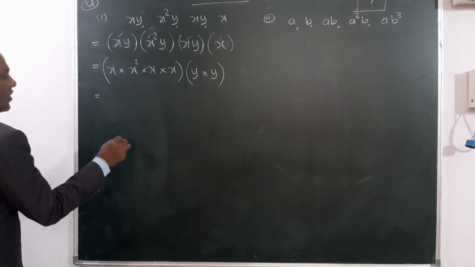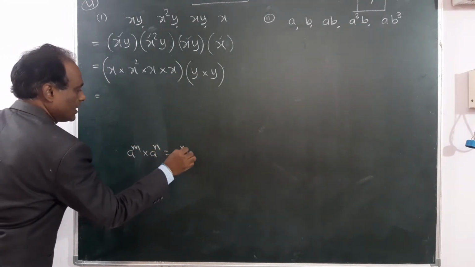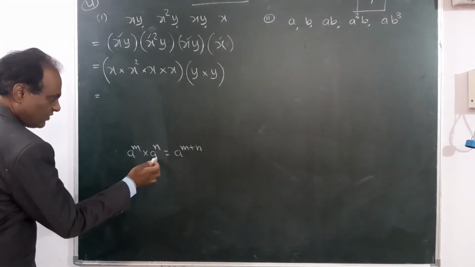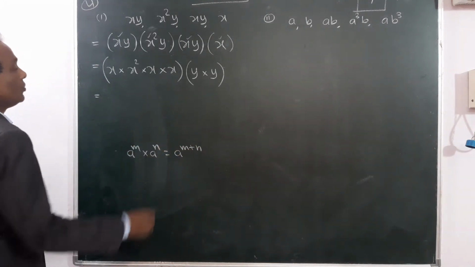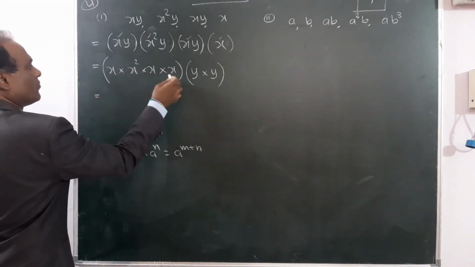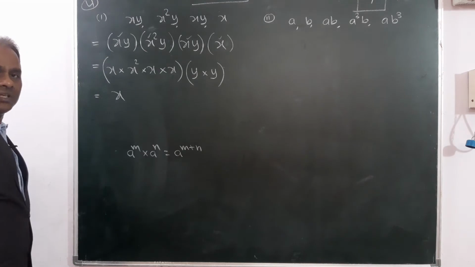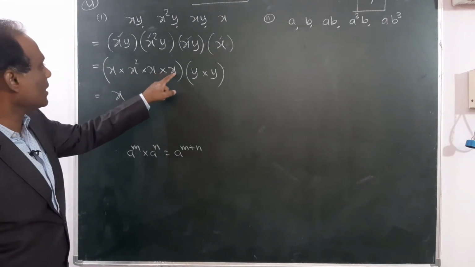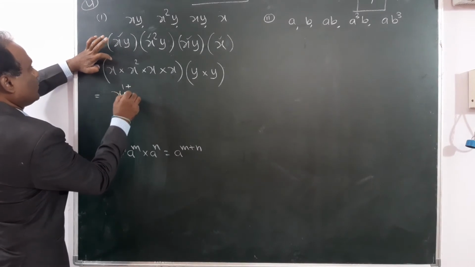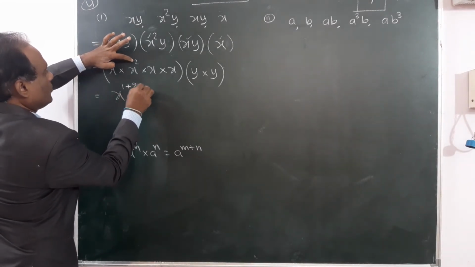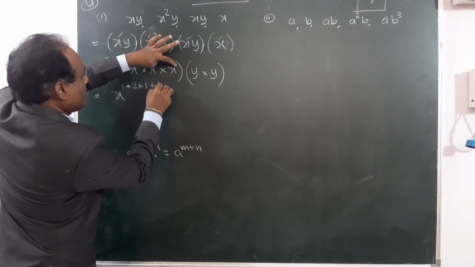So we know this formula: a power m into a power n is a power m plus n. If bases are same, in multiplication powers are added. That is applicable for any number of factors. X, x, x, x, base is same. What power is added? 1 plus 2 plus 1 plus 1.